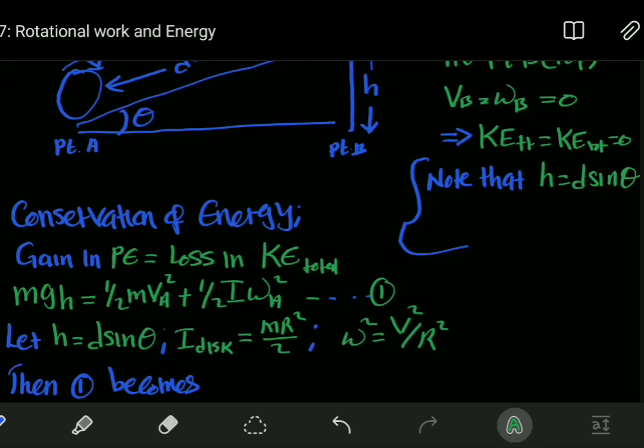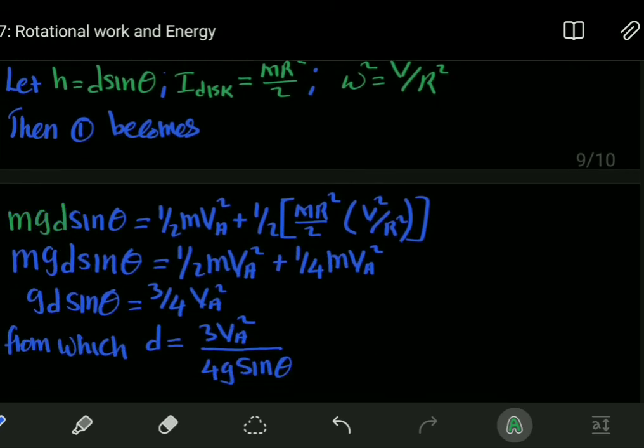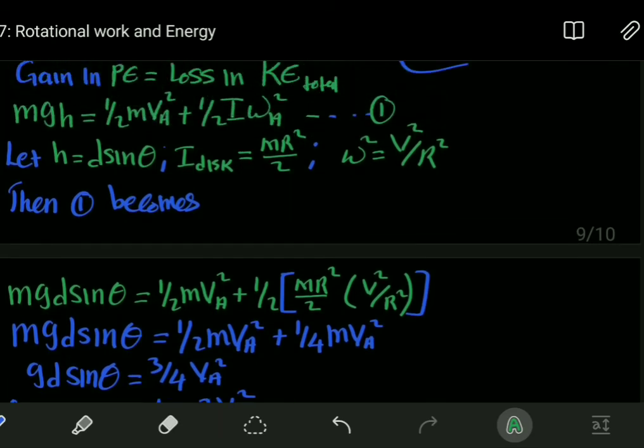Okay, therefore we substitute this into our equation 1, and we're going to have mgh becomes mg d sine theta equals half m v_a squared plus half I omega squared. Okay, hope you're following. So we're saying I is mr squared over 2, and omega squared is going to be v squared over r squared. Okay, so we're simply substituting these.